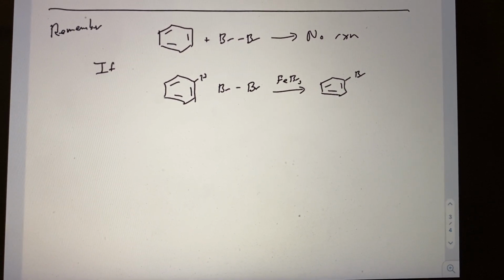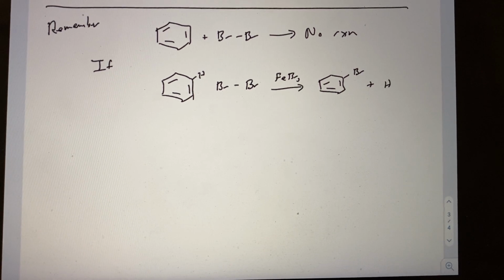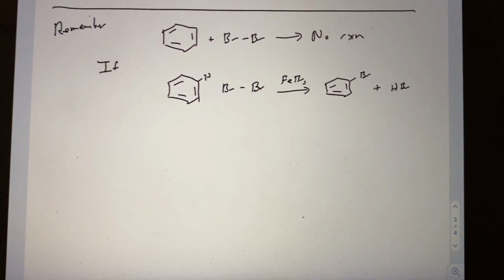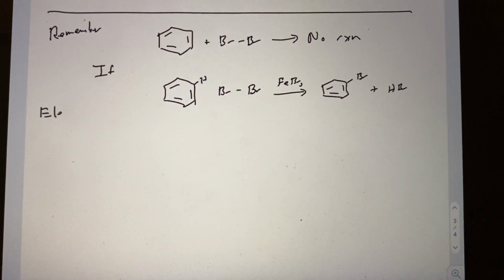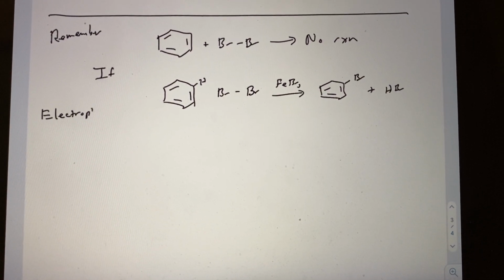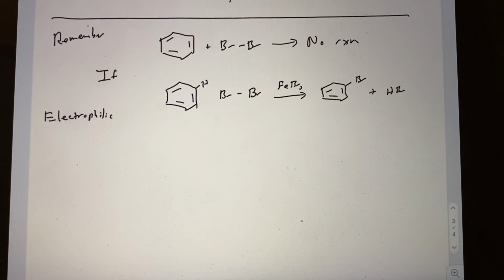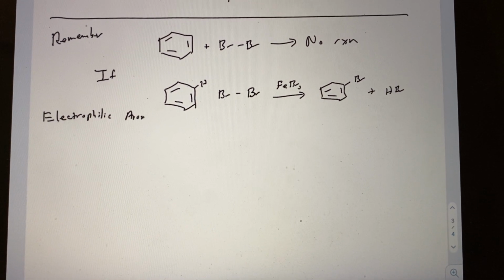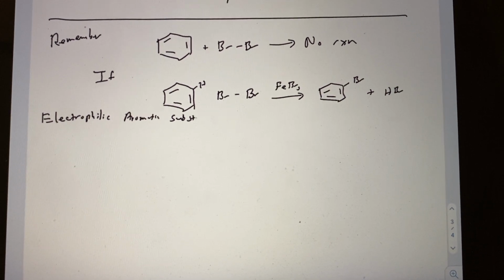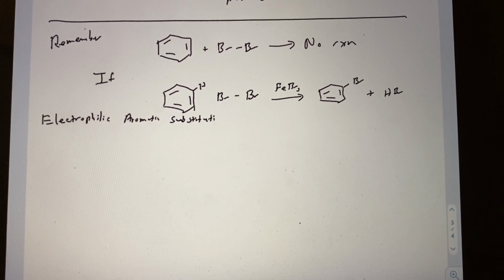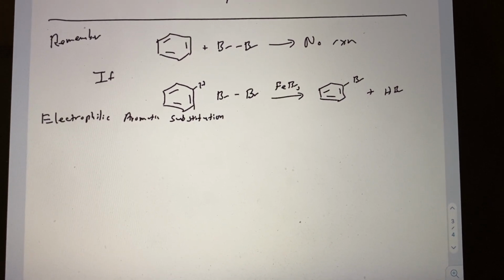I'm just putting it in the upper right for convenience, plus HBr. So this was our example of using a strong electrophile. So electrophilic, it's on an aromatic system, aromatic, and we're substituting a hydrogen for a bromine in this particular case.